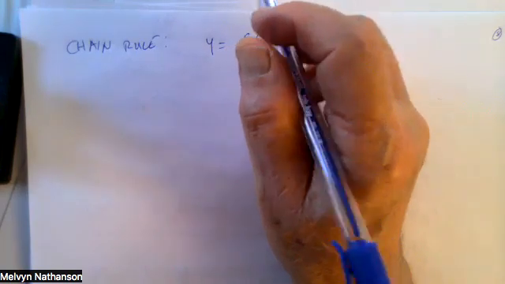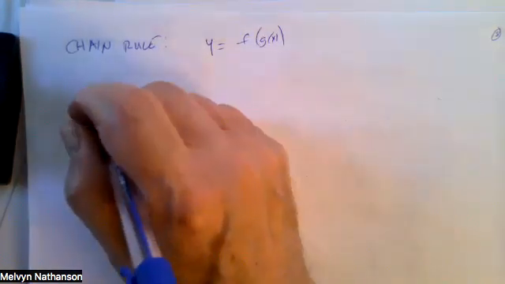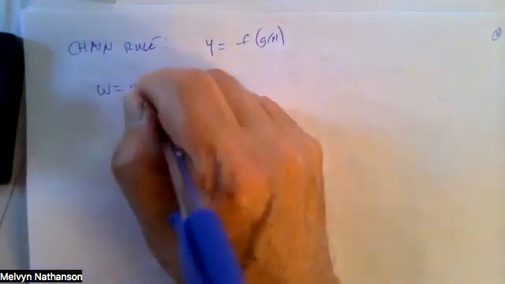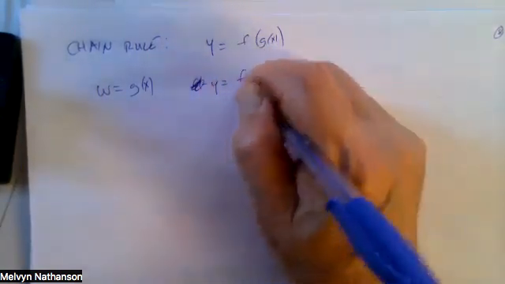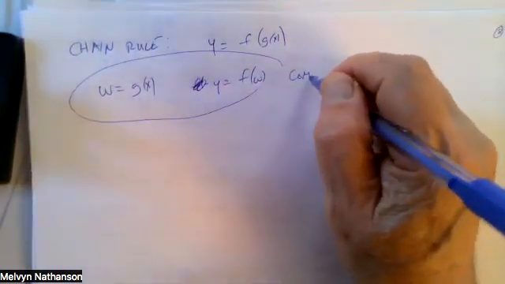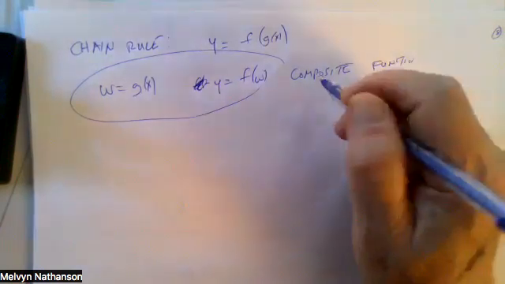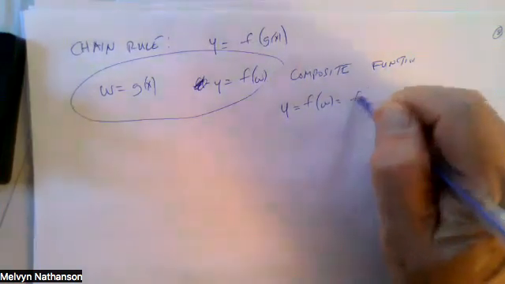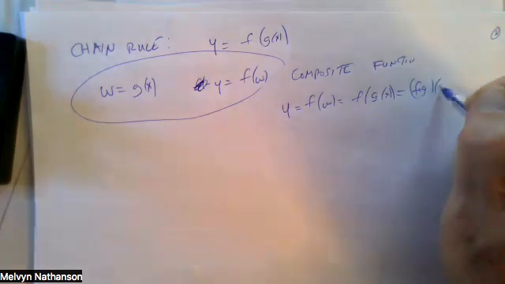So suppose you had a function w equals g of x, and y is some function of w. So you have the composite function y equals f of w, but w is g of x, which we usually write as f composed with g of x.